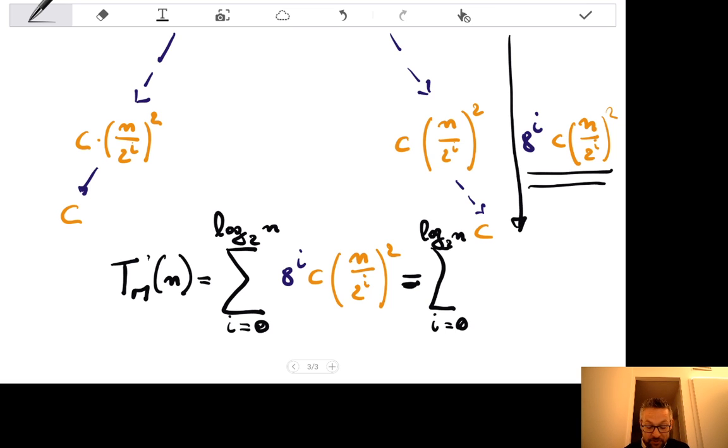And now I'm simply applying some algebraic notions. So this would be c. Let me avoid changing the color right now, just because I want to focus on the algebraic part of this. So this would be c multiplied by 2 elevated to the power of 8 multiplied by n squared. Okay?